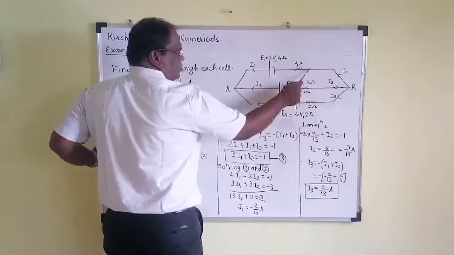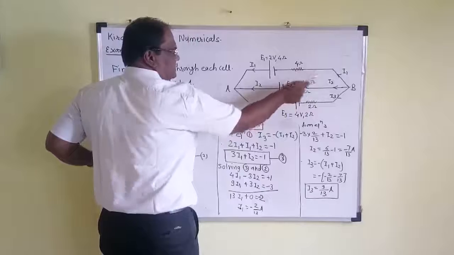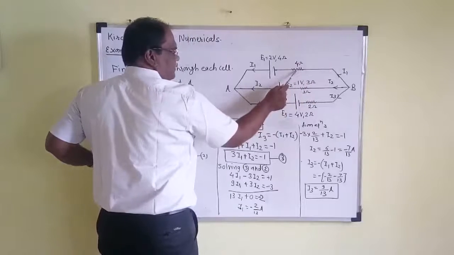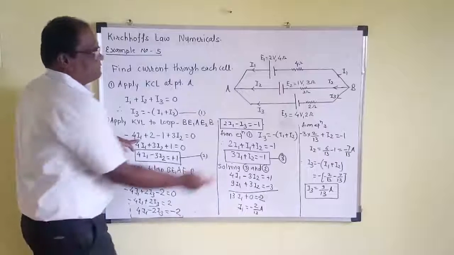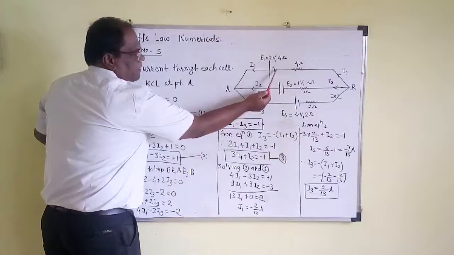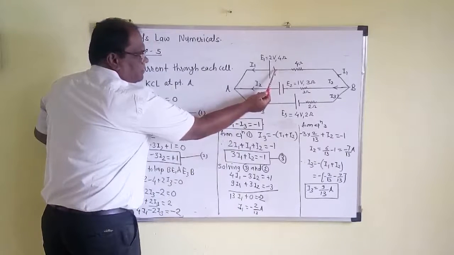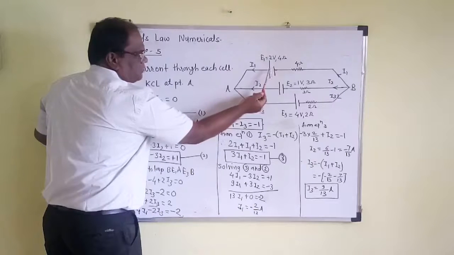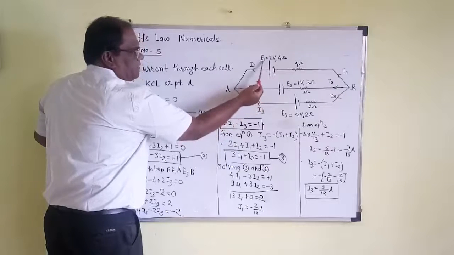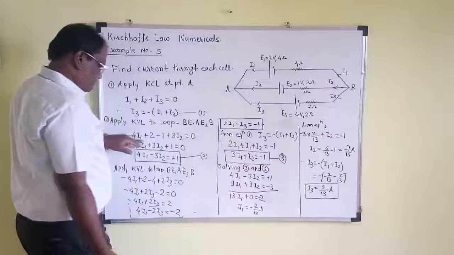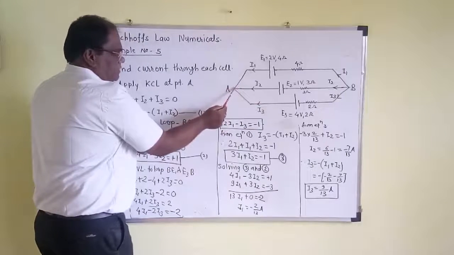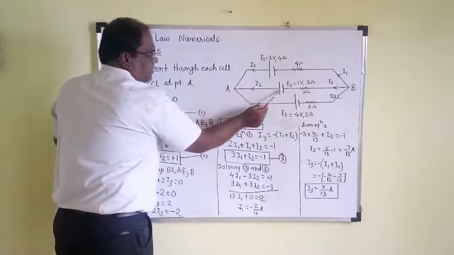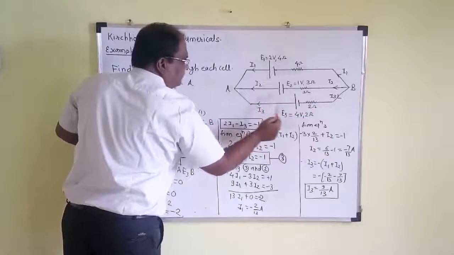Hence, through the 4 ohm internal resistance, current I1 flows, so write the potential difference minus 4 I1. Moving from negative to positive terminal, EMF is written as positive, plus 2. Now, this is the direction of the loop.